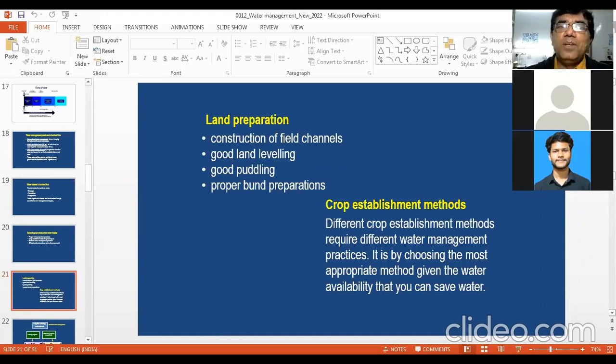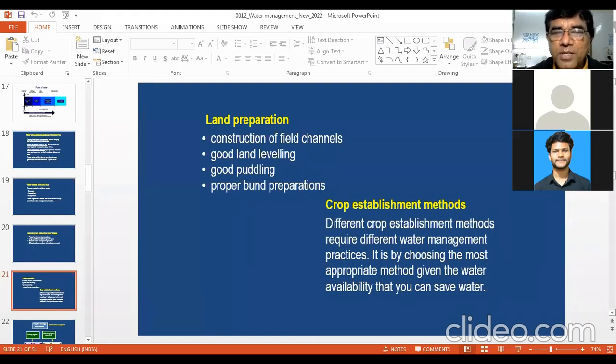So better to have irrigation channels, so that individual fields can be given water directly. So field channels are useful, and the same channels can sometimes be used for drainage of water also.